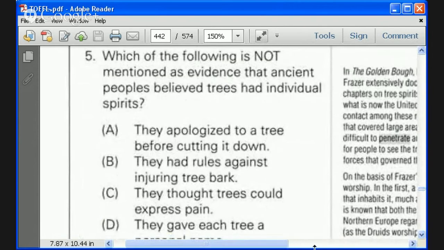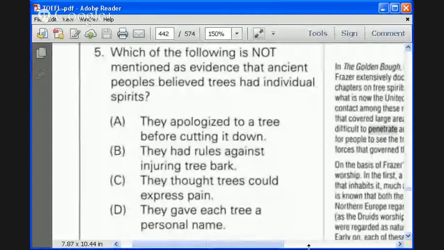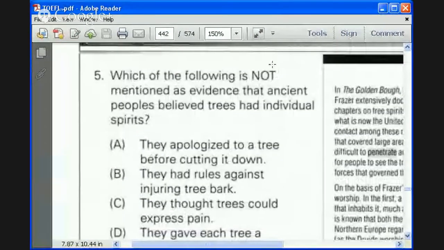Okay. Here's the question now. When you see this, be aware. It will say NOT, EXCEPT, or LEAST in capital letters. First, it depends on where you see it. This is only question 5, so I may take a quick look at it.